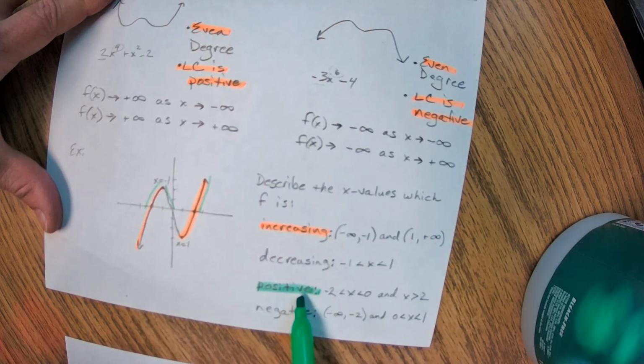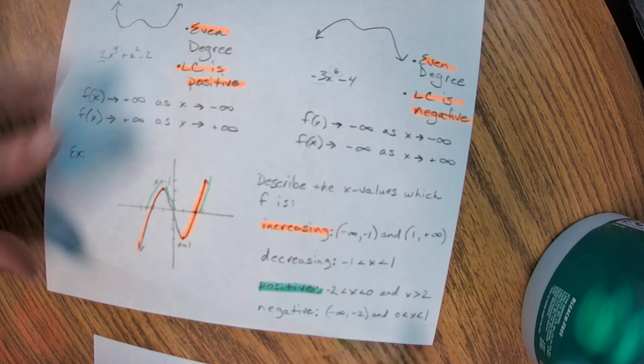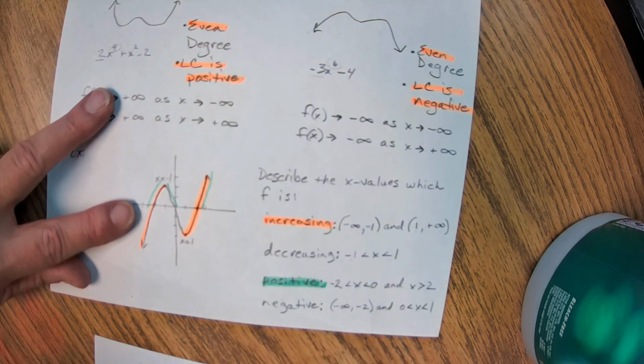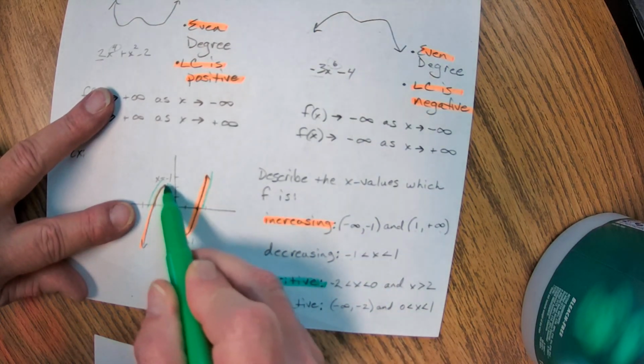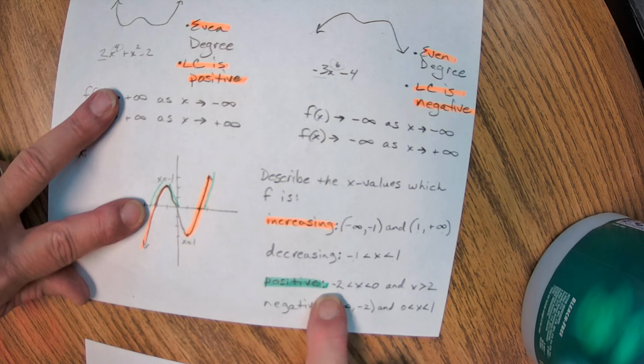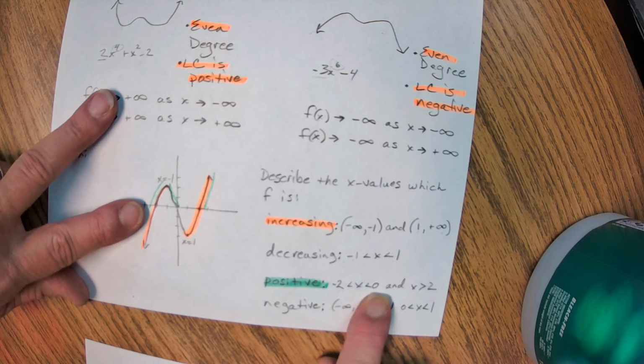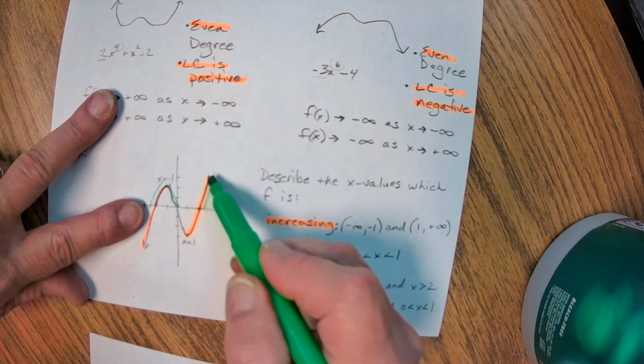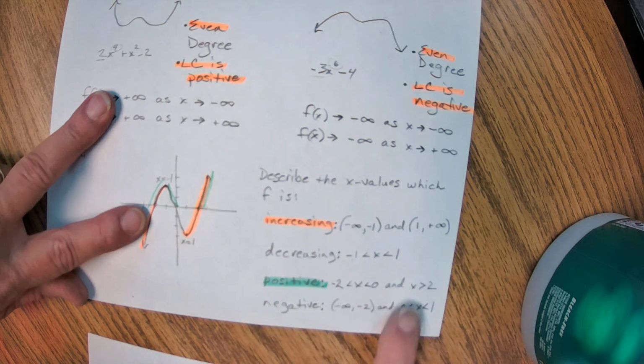In other words, when is y positive? When is the function going to have a positive value? You'll notice that between this interval right here, in other words, between -2 and 0, and then it's also going to be positive when x is greater than 2.